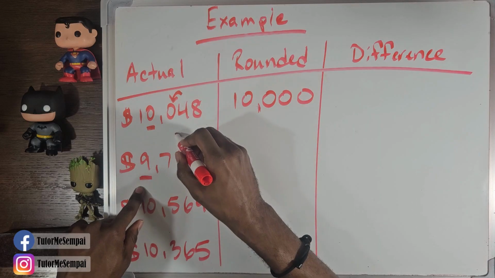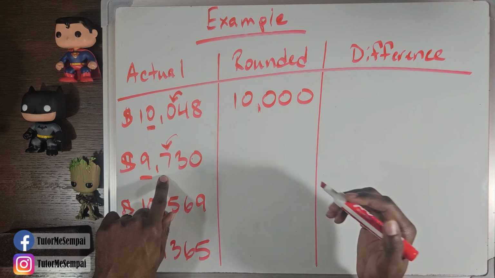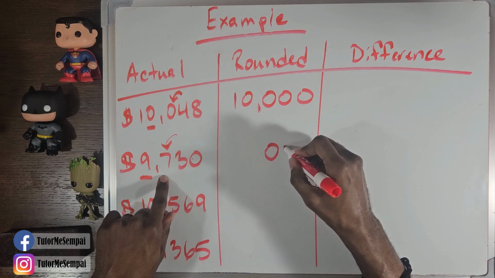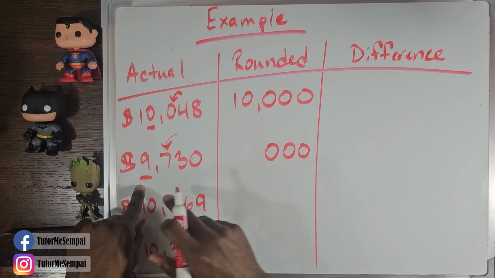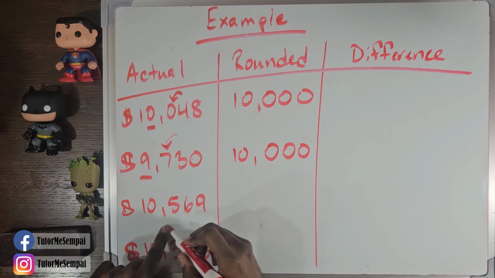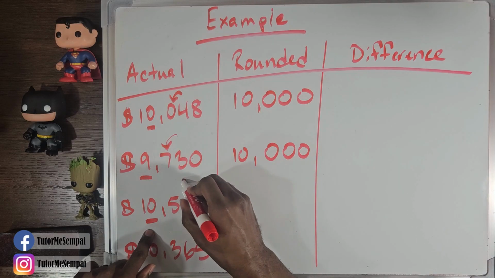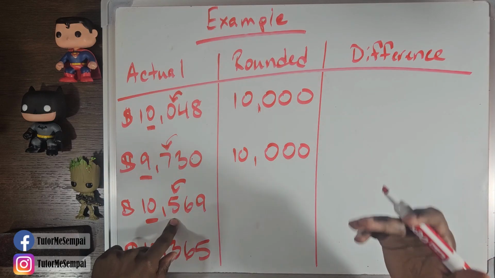Nearest thousand, we check that. Greater than or equal to 5? Yes. So, once again, you have your 3 zeros, but this gets plus 1. So 9 goes to 10. How about here? Check that one. Check that one. Greater than or equal to 5? Yes.